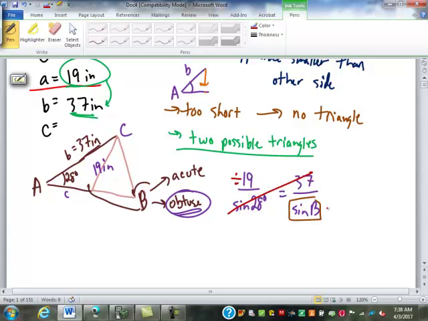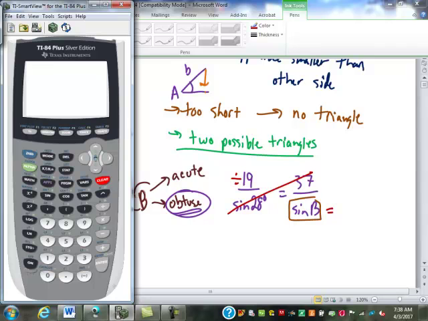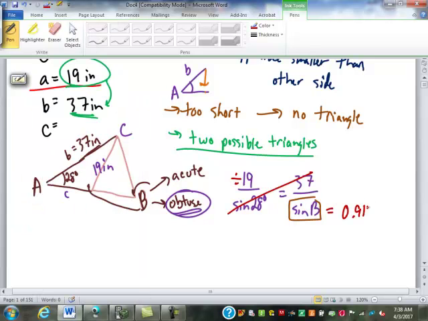So it'll be the sine of 28 times 37 divided by 19 is going to give us the sine of B. So we get 0.9142, which tells us that B is the inverse sine of 0.9142.